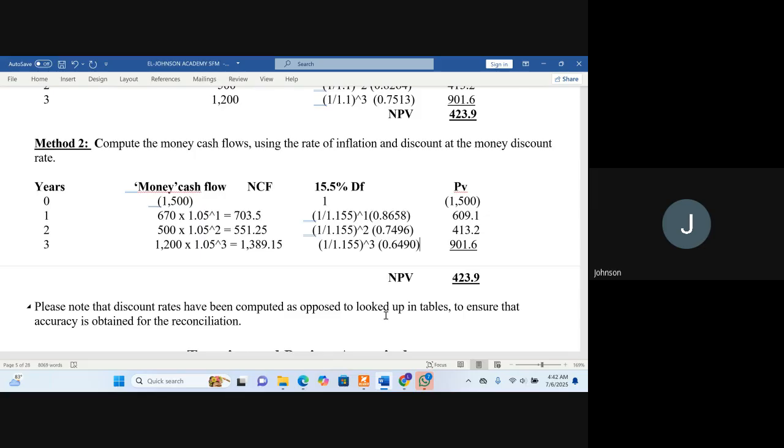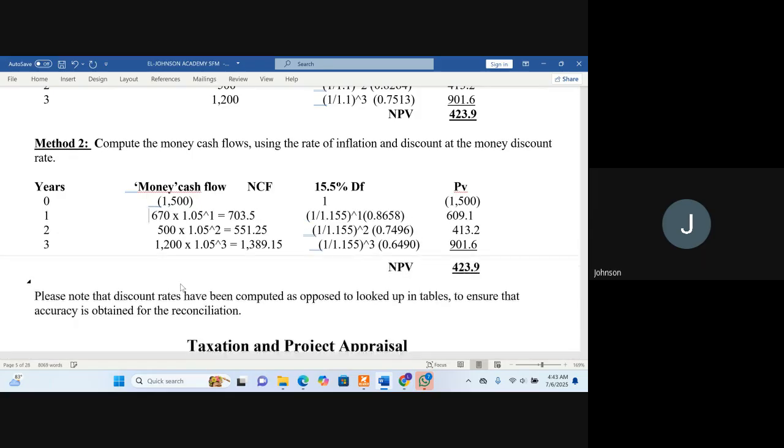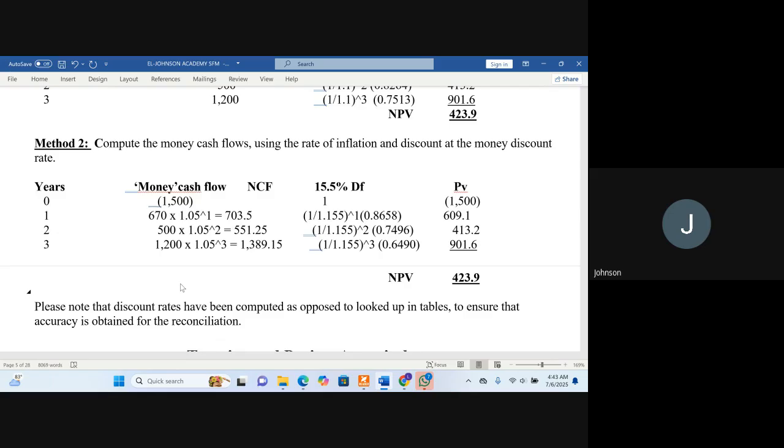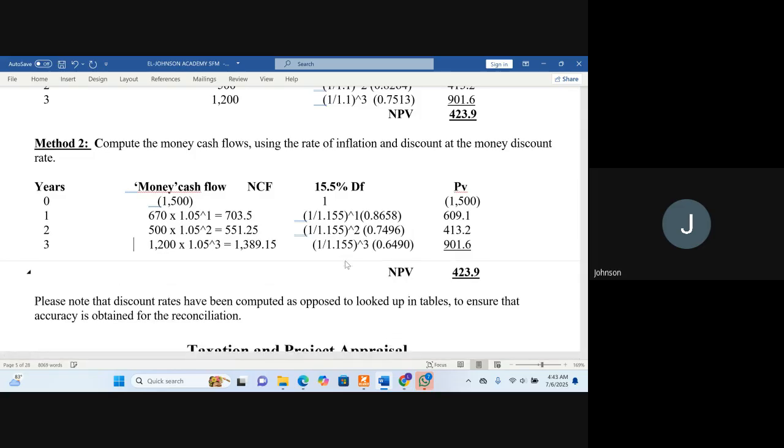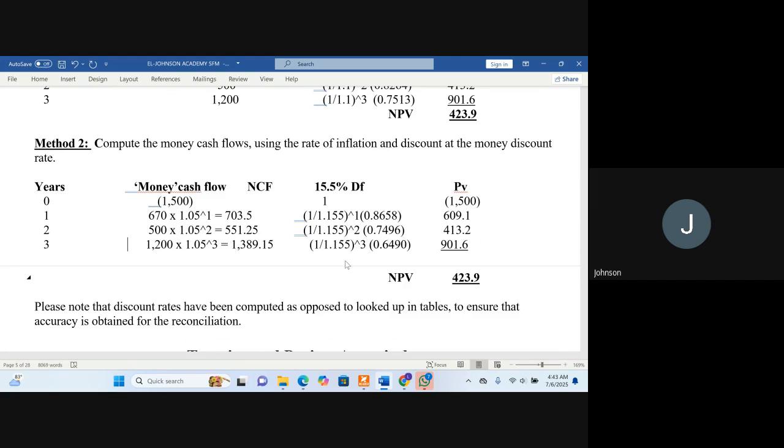All right. So this is how to do it. You can see that it is very easy to do if you understand what it entails. The reason why it's straightforward like this is because we have been given the cash flows. But what if you are the one that needs to calculate your cash flows by yourself? You always need the investment stage cash flows and the returns phase cash flows.